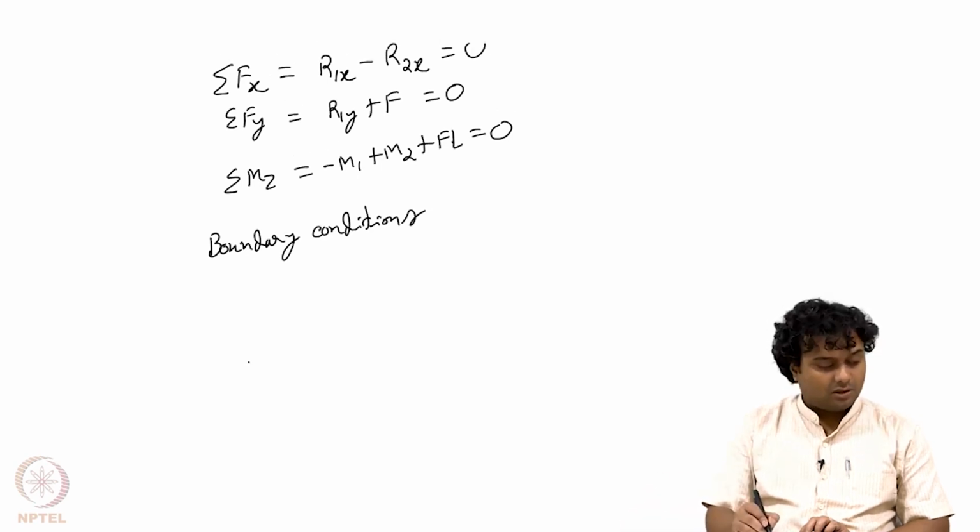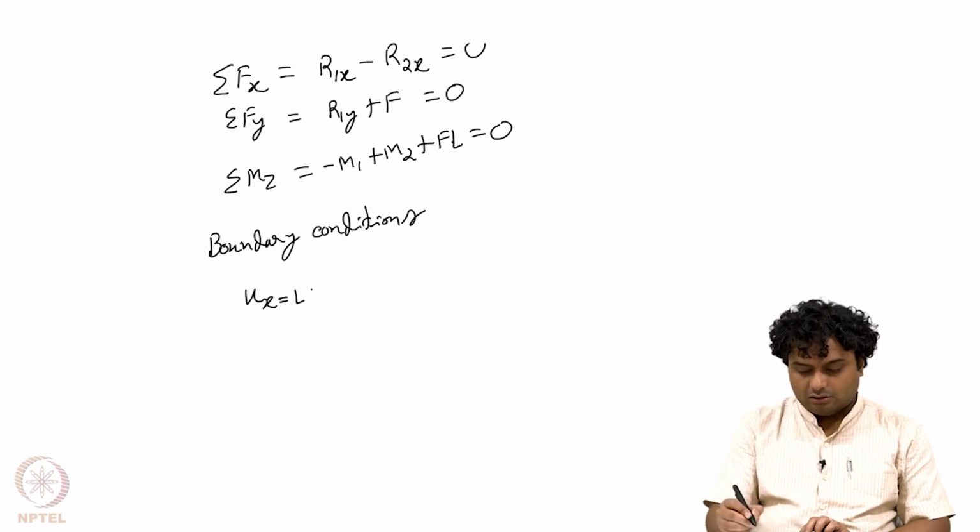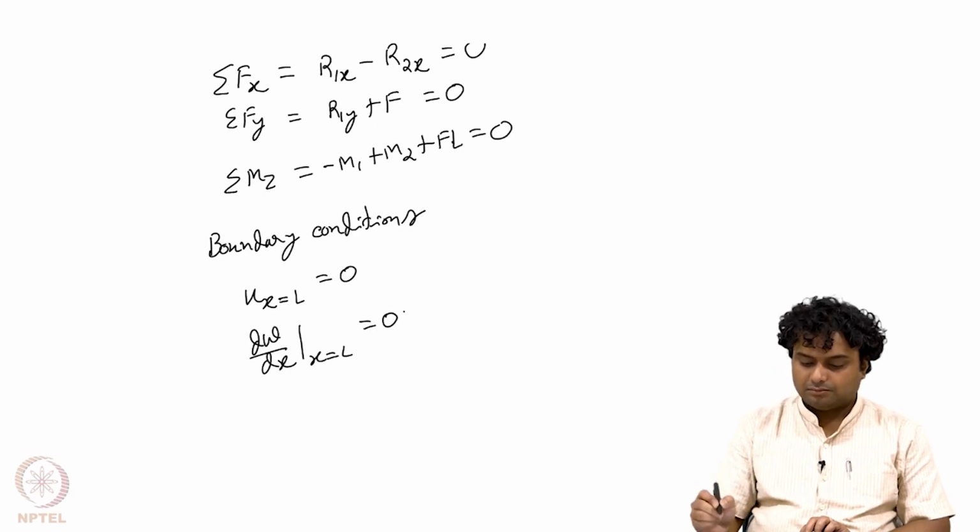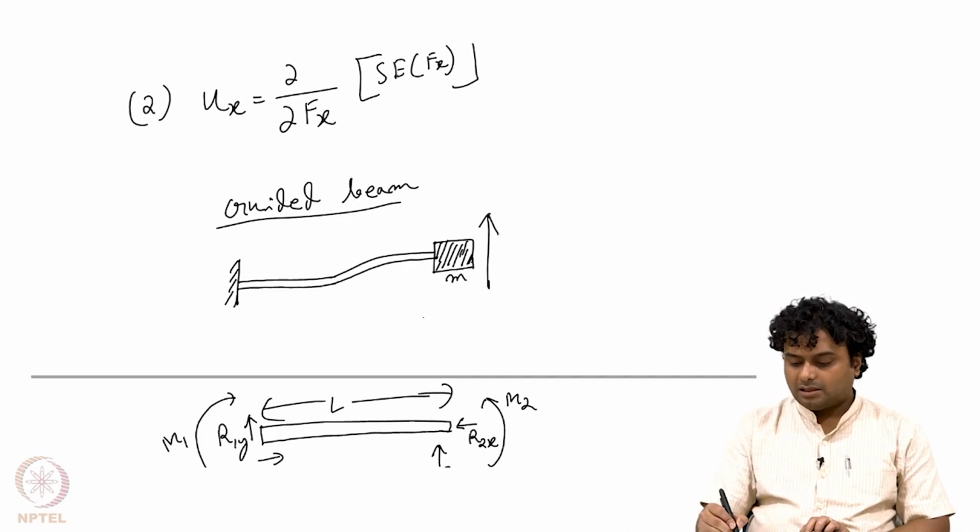For this particular boundary condition, we can write that ux at x equal to L is equal to 0, and then dw/dx at x equal to L equals 0. What I am considering here is that in the x direction the deflection is u, and in the y direction the deflection is w.